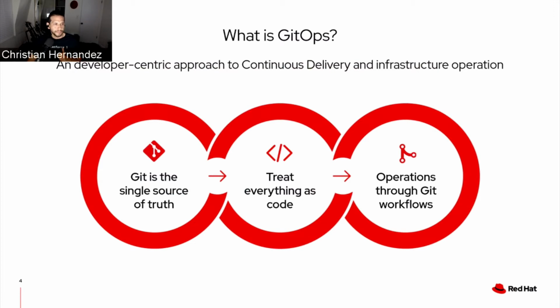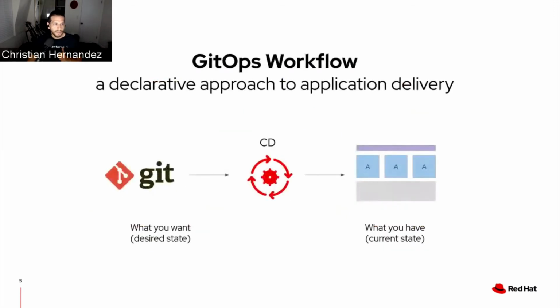It's the fact that there is a reconciliation that happens. If you think about how Kubernetes works, you have your desired state, for example a deployment where you say I always want 2 replicas running.